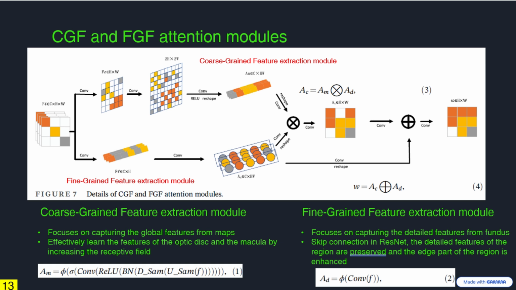In this framework, we also utilize classical networks as a backbone, such as CE-Net, or context encoder network, and the U-Net to extract the global features.